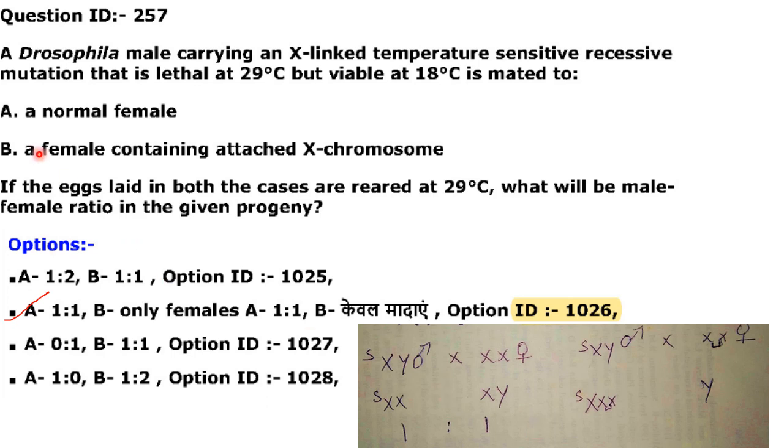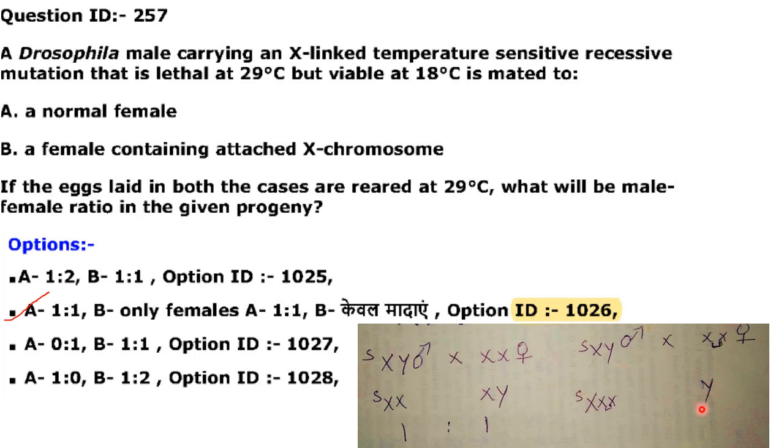Now coming to B. B is a female containing attached X chromosome. So the attached X chromosome I have represented like this, and this is the male Drosophila. Now the attached X chromosome, as such, will go to the female, and this XS will be obtained from the male Drosophila in the female, and the female will be having 3X, and only Y will be there in the case of the second offspring.